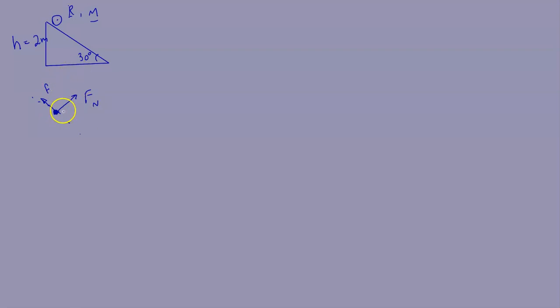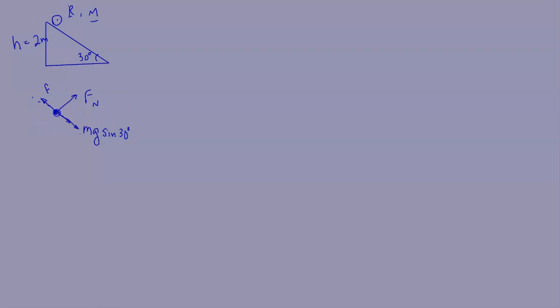If we take that mg and divide it up into its two components, we can say that in this component right here, it would be mg times the sine of 30 degrees.